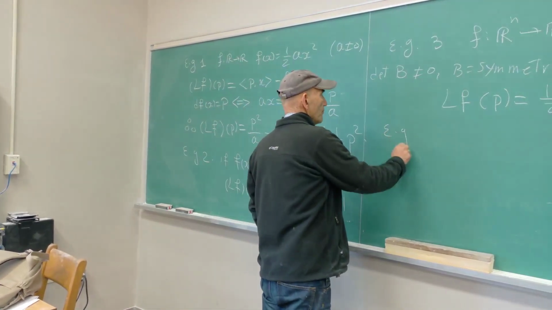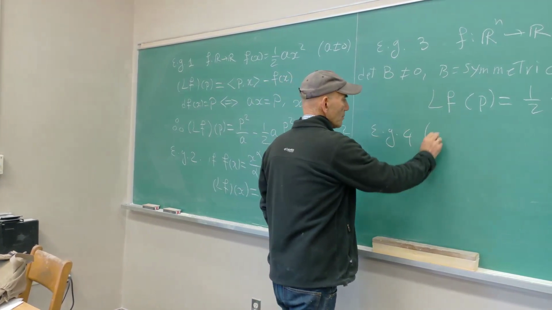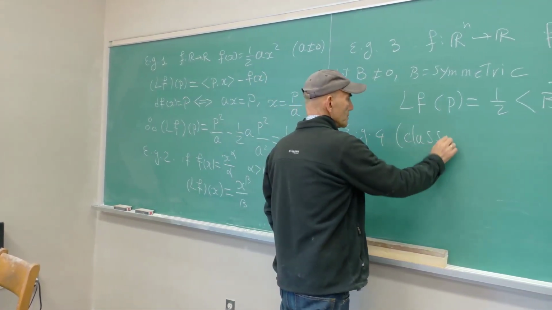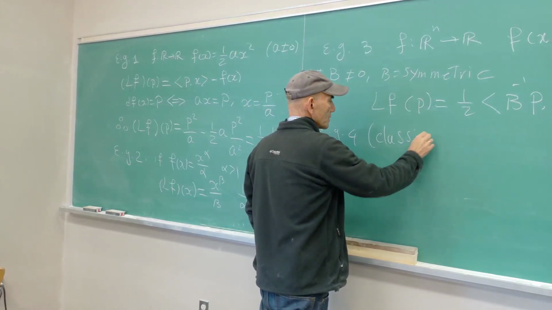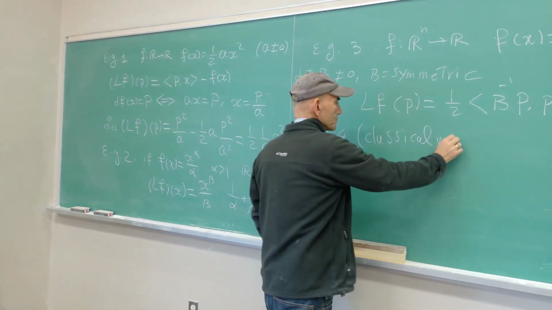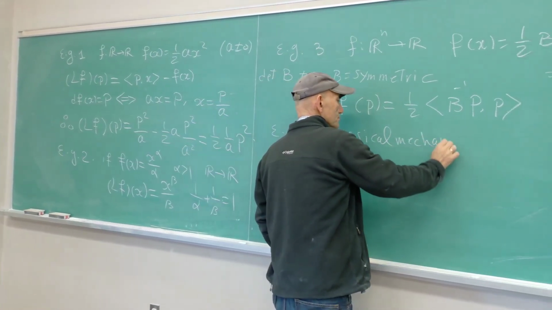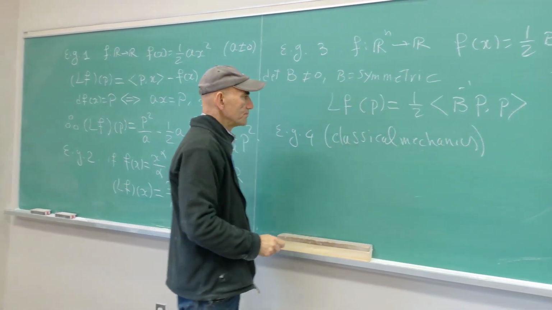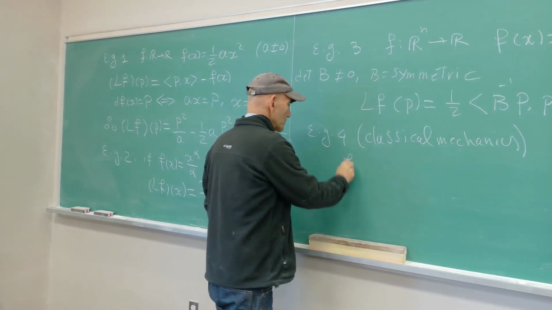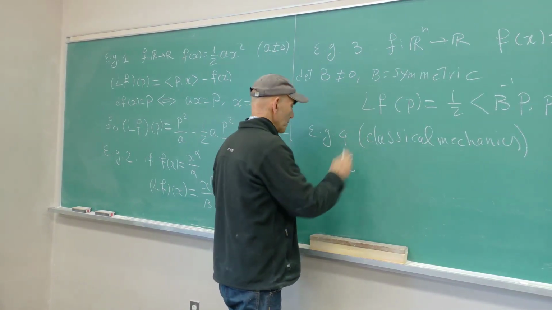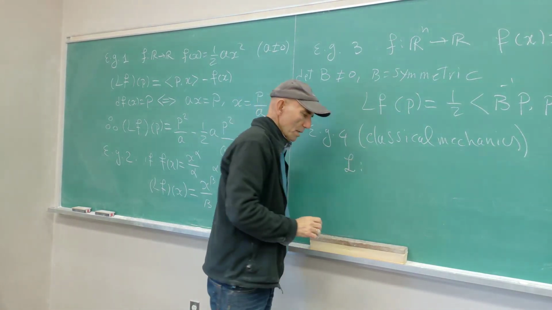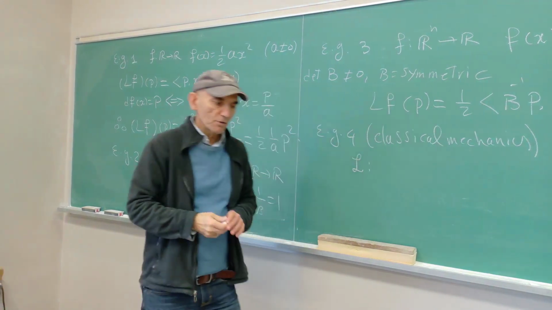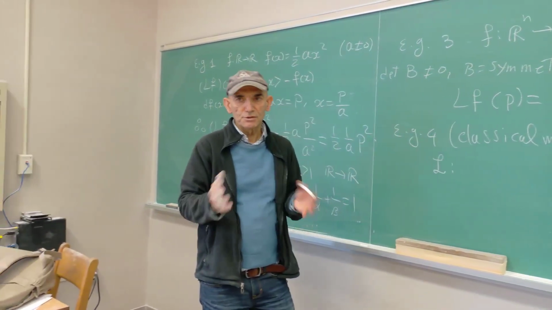So example 4, this is in classical mechanics. I don't need it, but I alluded to classical mechanics. This Lagrangian, you call it L, is a function of two variables q and q dot.